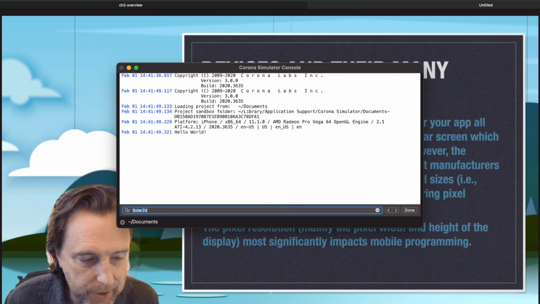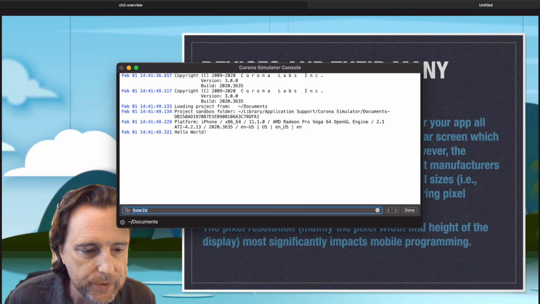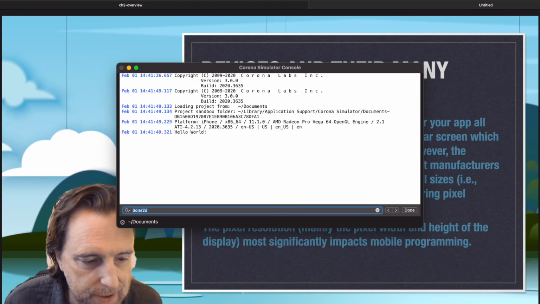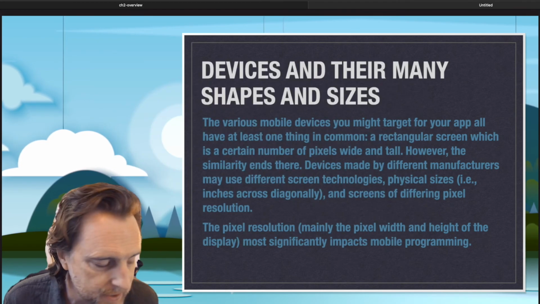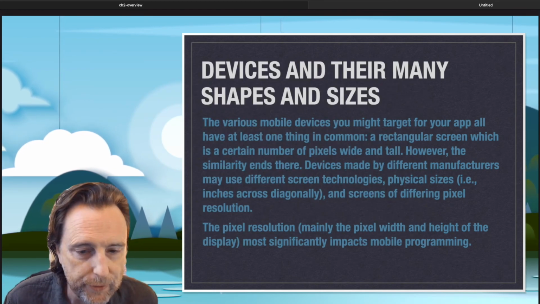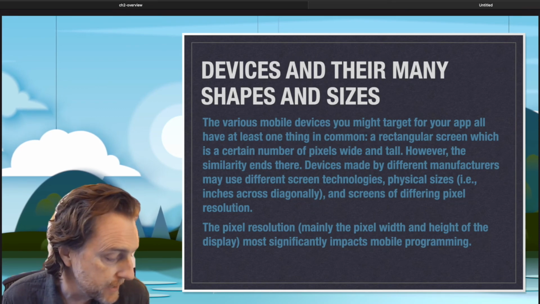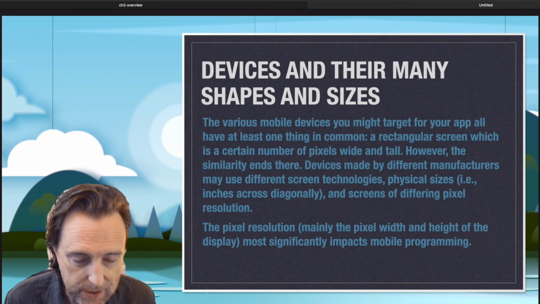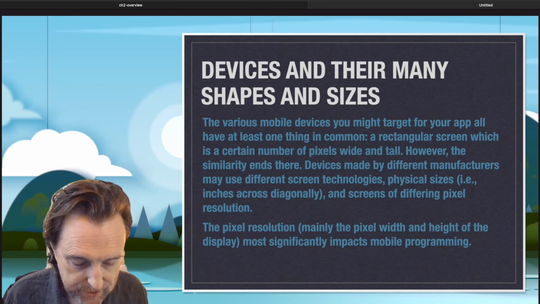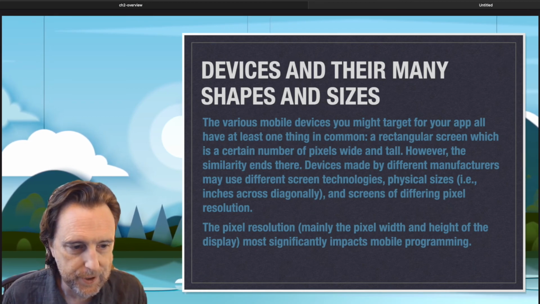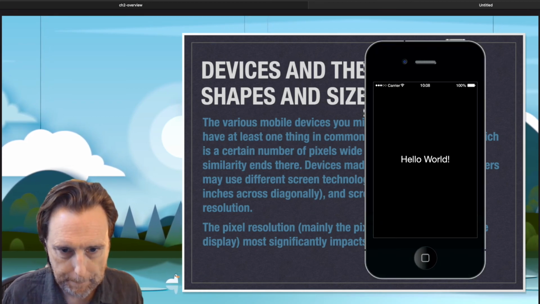Well, you really didn't. We got hello world to show up at the console, at the device console. That's not something that you can see on a mobile device. On the mobile device, you see stuff that you put on the screen. So that's the difference: we're going to learn how to put stuff actually on the screen.